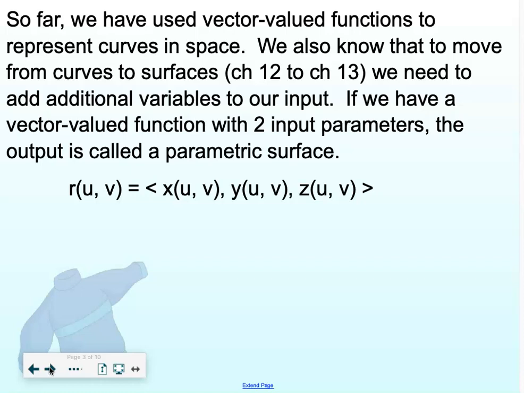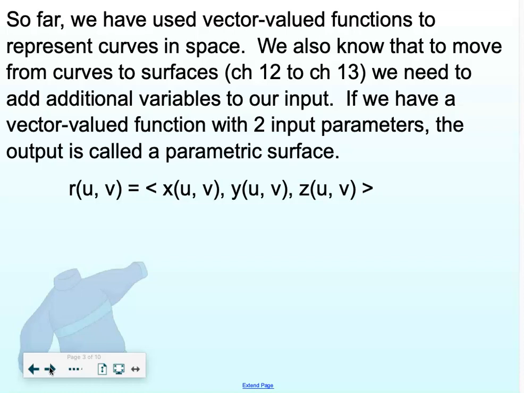So r of t, instead of representing a path along a line or a curve through space, now r of u comma v is going to represent a full 3D surface in space.